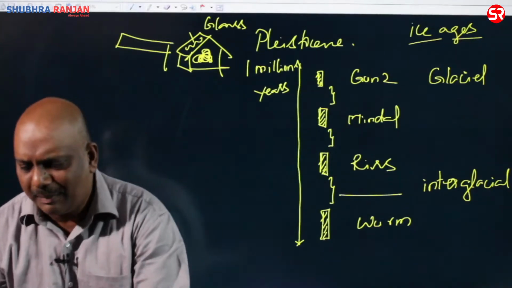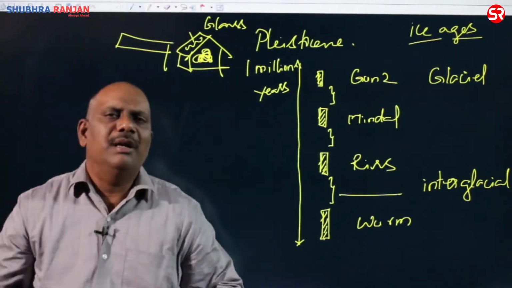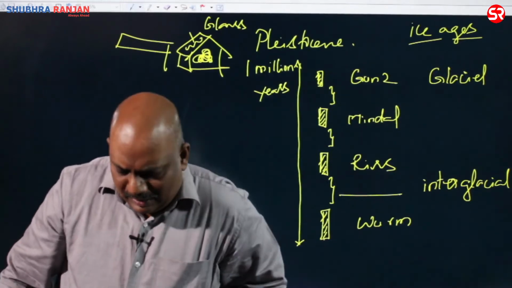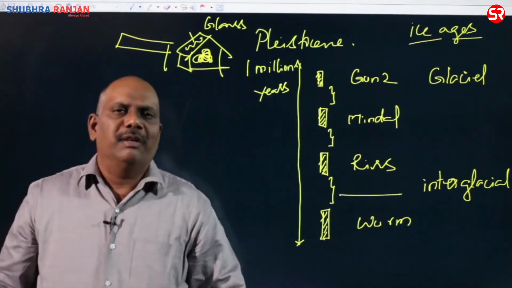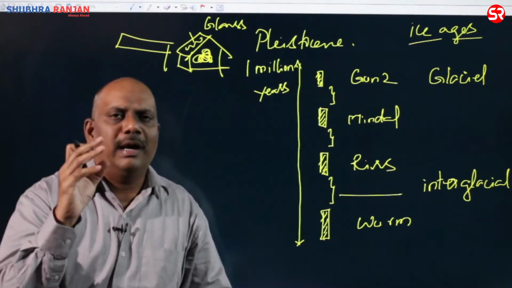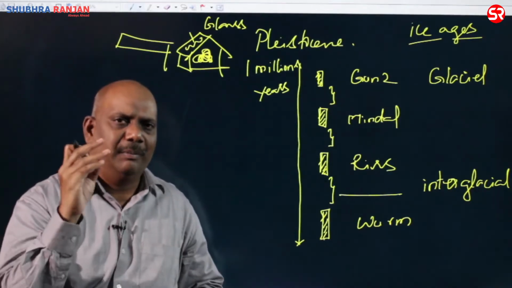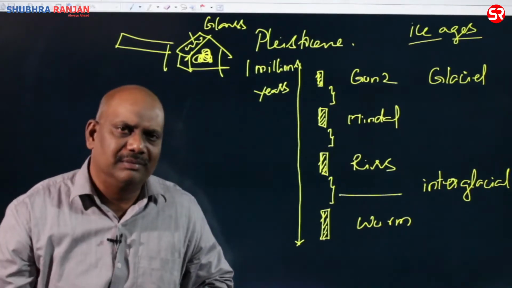So what happened? There were large scale climatic fluctuations. Because of this climatic fluctuation, 4 times ice ages were reported in this Pleistocene period.